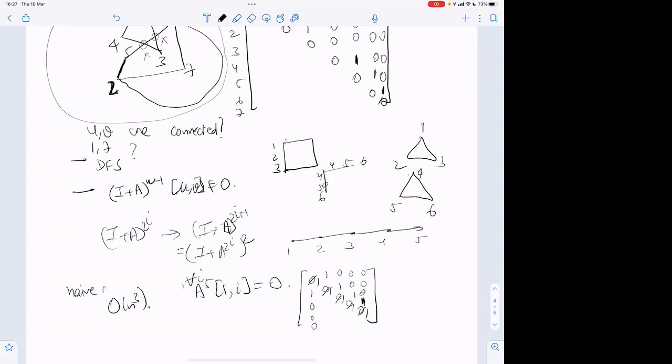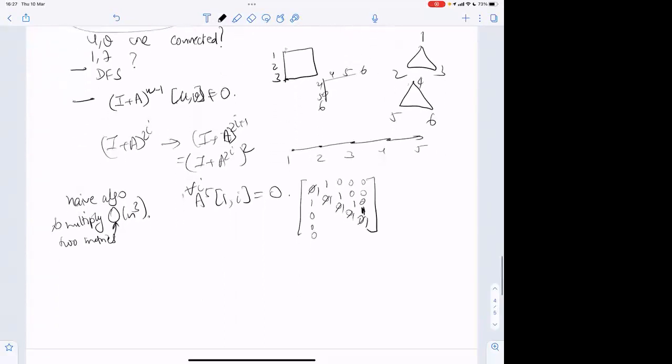The naive algorithm to multiply two matrices takes order n cube time. But you can do it slightly better, in something like order n to the omega time, where omega is 2.38 something. Correct?